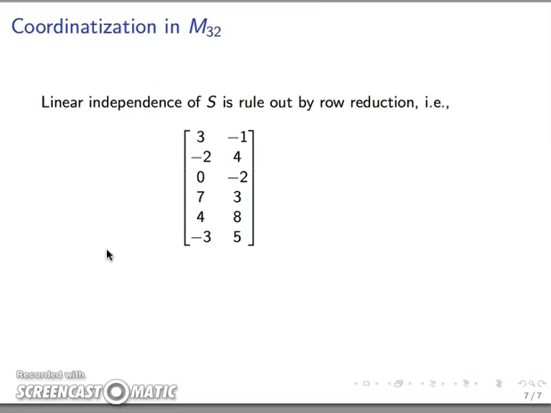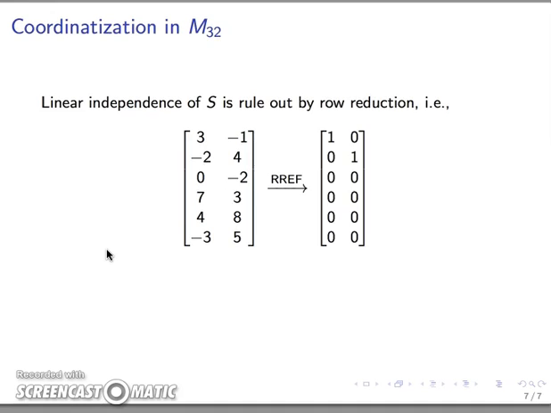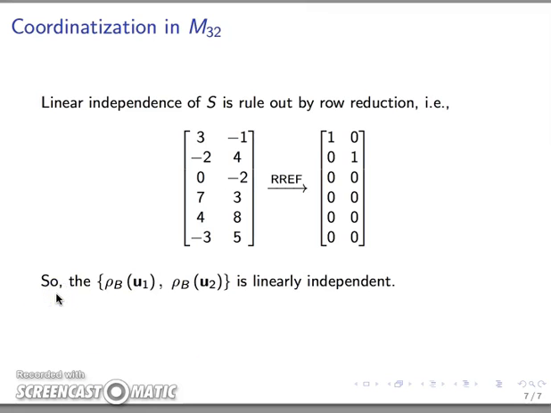We form a matrix with these two columns, each of them being the vector representation relative to a basis, and then we row reduce and find out that this is the RREF of this matrix with two columns, which implies that the set made of the vector representations is a linearly independent set.